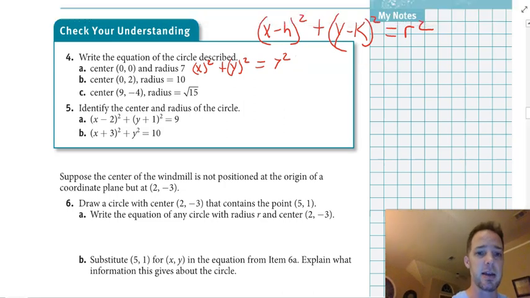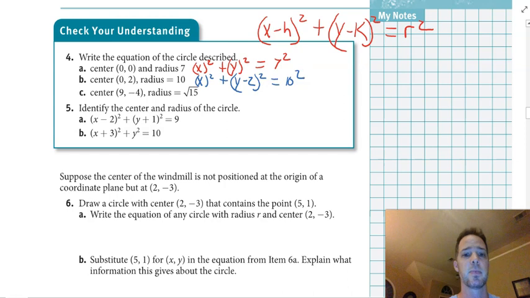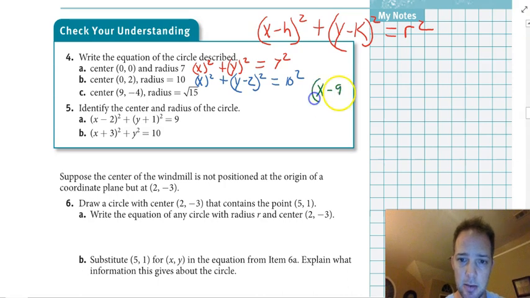For the next one, b, I get x minus 0 squared plus y minus 2 squared equals 10 squared. For c, I get x minus 9 squared. So h is 9. k is negative 4.